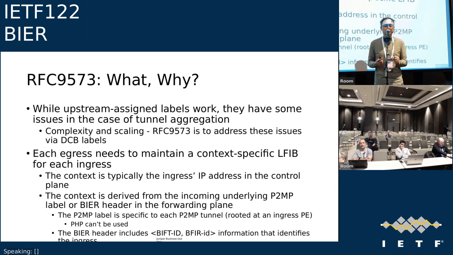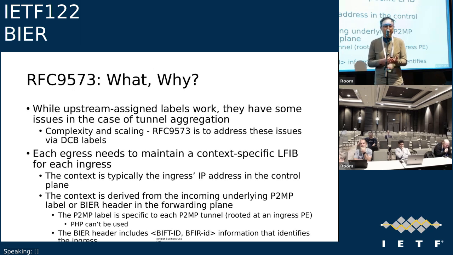We already talked about how, when we use upstream assigned labels, those labels need to be installed in a context-specific label forwarding table on the egress PE. And that brings complexity and scaling issues. On the complexity side, whenever you get a packet, you need to first identify the source of that packet, and then find the corresponding context-specific LFIB to do the next label lookup.